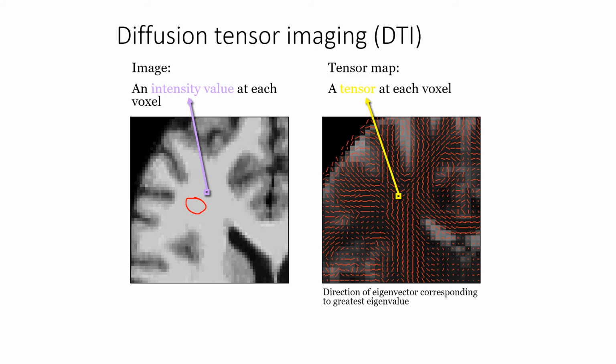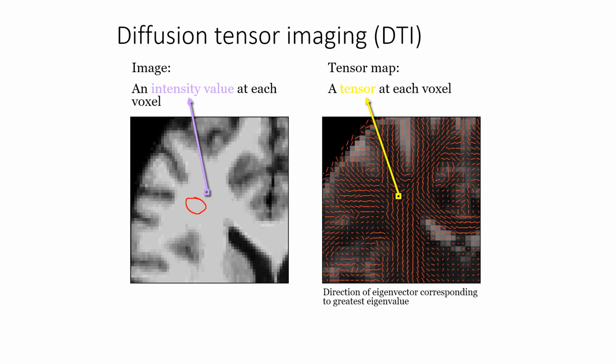But with diffusion imaging, we can look at the direction of the eigenvector, and the direction of the greatest eigenvector is going to be whatever is associated with the primary eigenvalue.